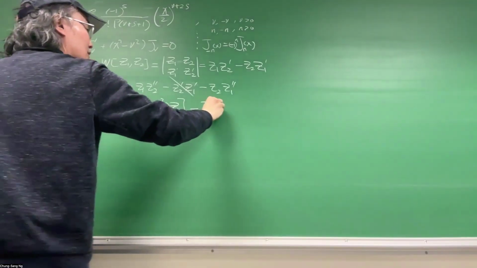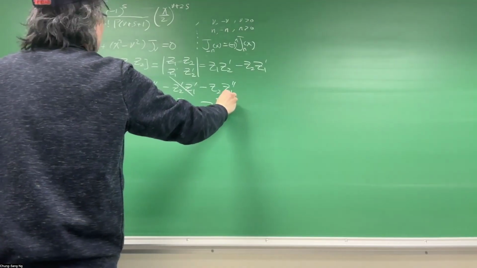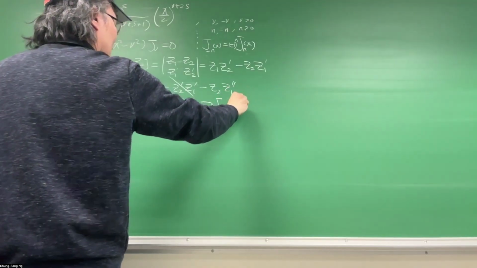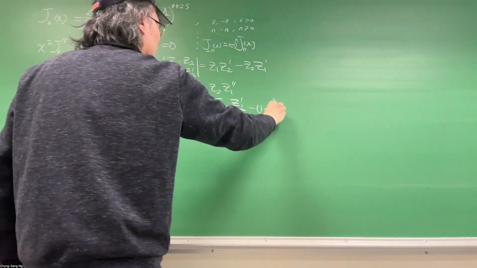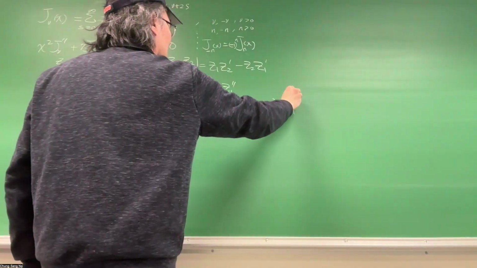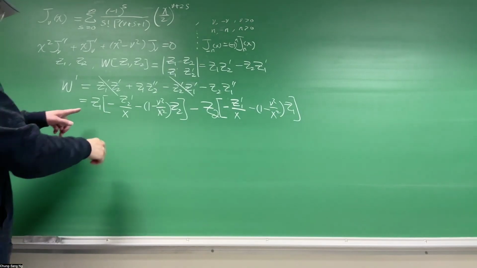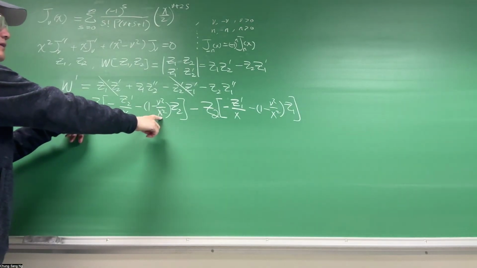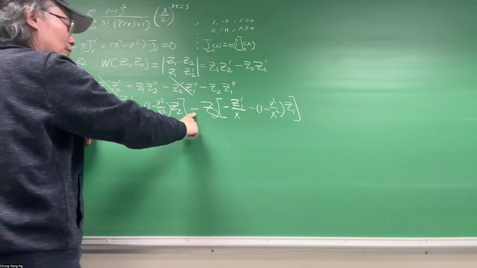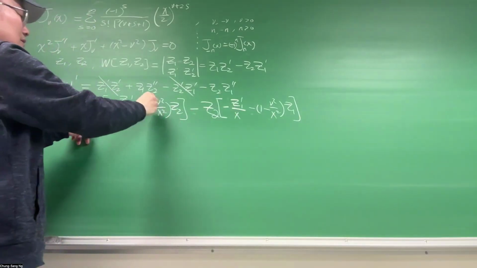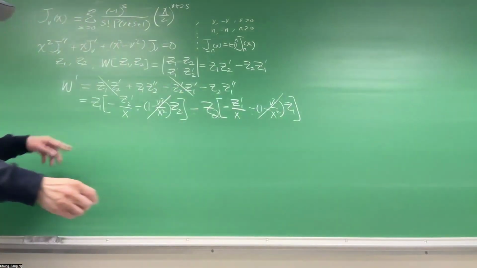And do the same thing for C1 double prime here: minus C1 prime over x minus (1 minus nu squared over x squared) C1. Now you see that this multiplied by that is the same as this multiplied by that, with opposite signs, so these cancel.